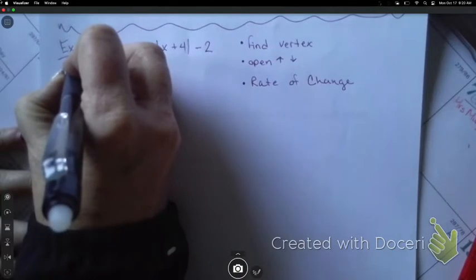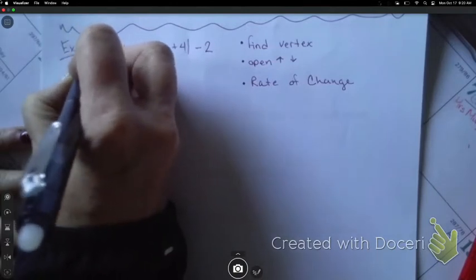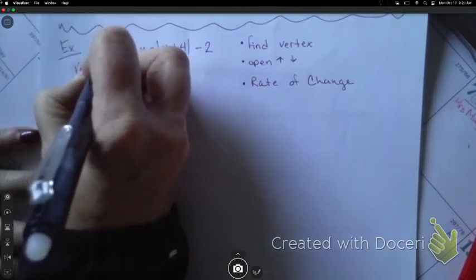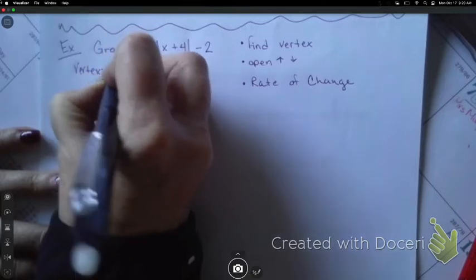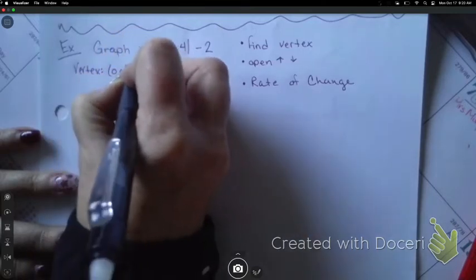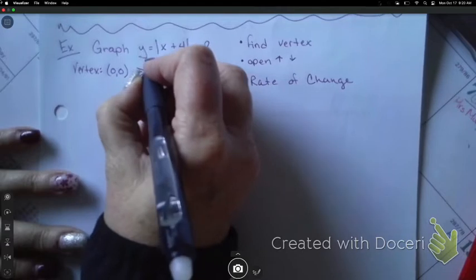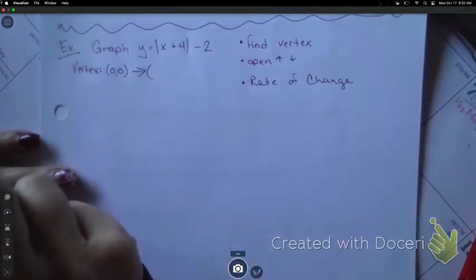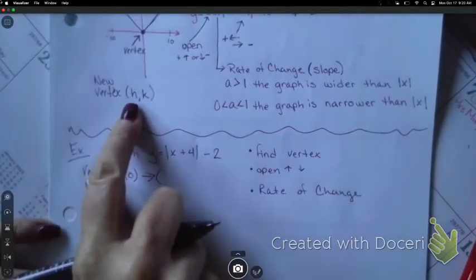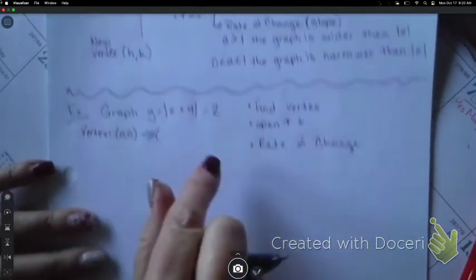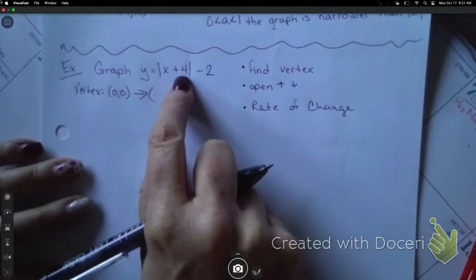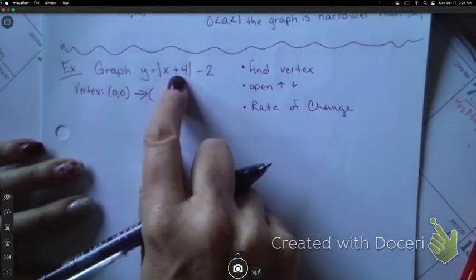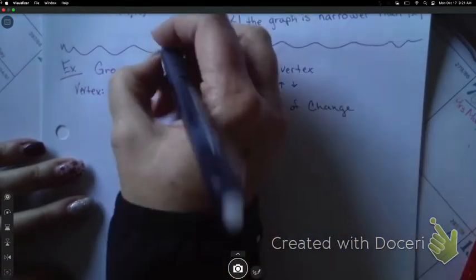So first of all, my vertex was originally 0, 0, yes? And now it is going to be my h and my k. Vertex is h, comma, k. 4 and negative 2. Okay, but this is a positive 4, so it was negative.